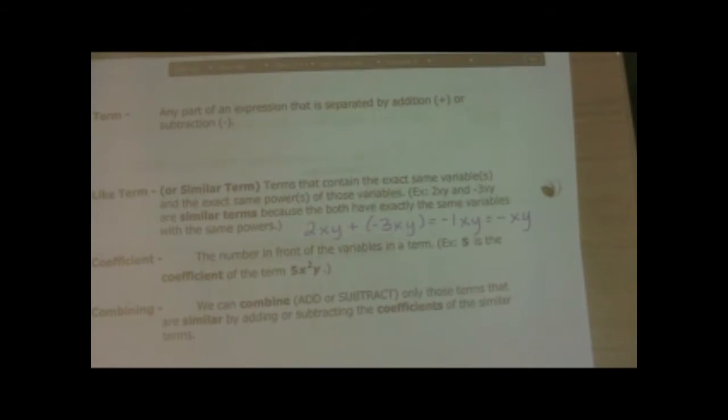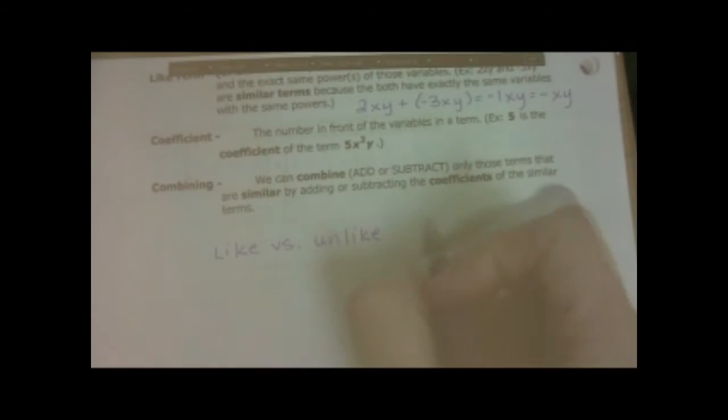Now, let me ask you a question about like terms. I have like versus unlike. Let me ask you. I have, how about this? 2x squared y.